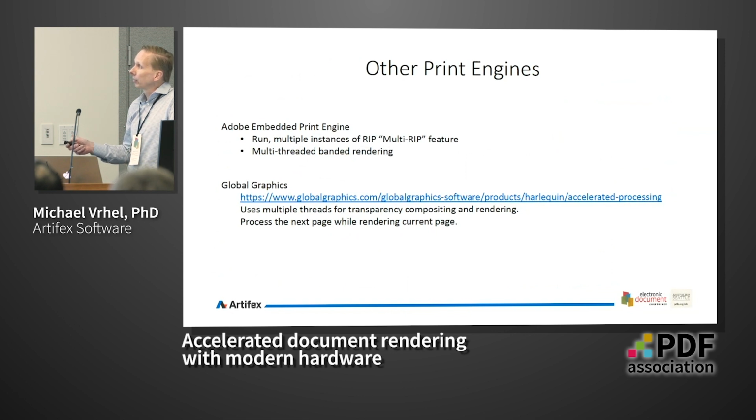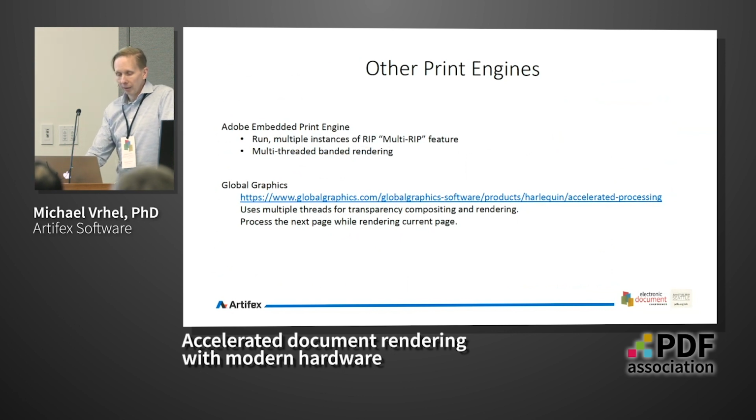And they also state in the specification that they have multi-threaded rendering, so basically the same thing as MuPDF and Ghostscript have. Global Graphics' Harlequin rip specification says that it uses multiple threads for transparency, compositing, and rendering. And like I showed with Ghostscript, it allows you to process the next page while rendering the current page.